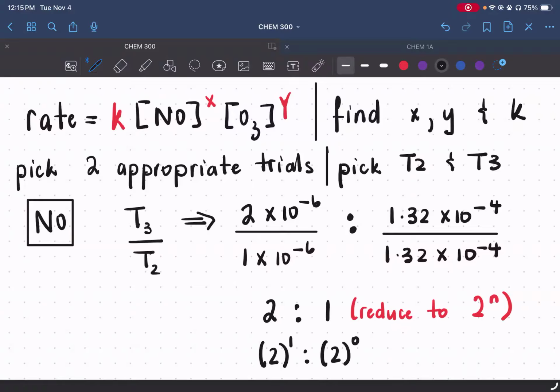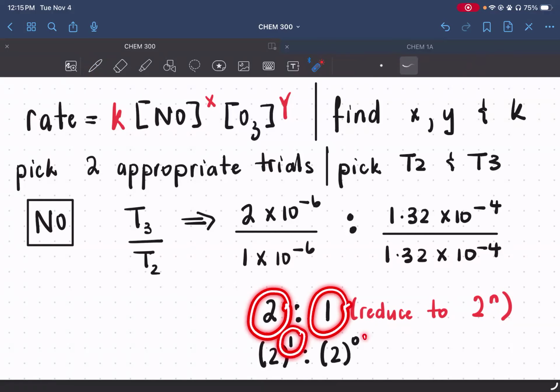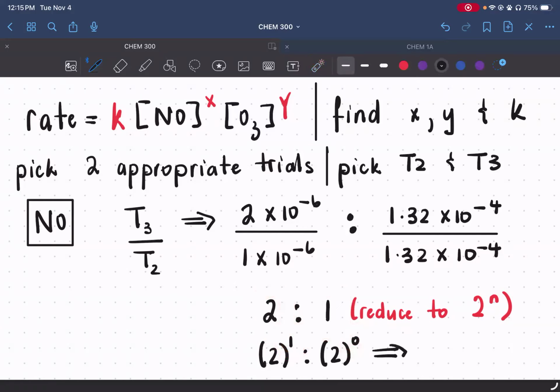And here's what this mathematically tells us. When we double the concentration, nothing happens to the rate. So does this chemical affect the rate? No. From the powers, we're able to see this is 0th order.